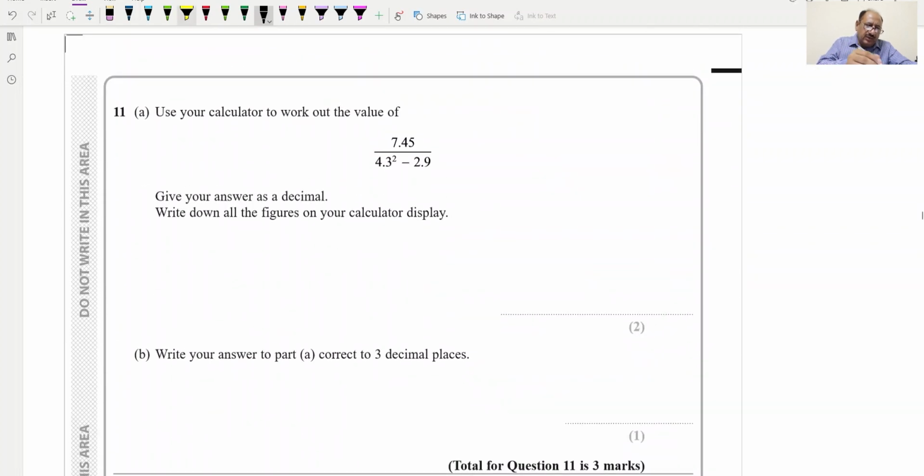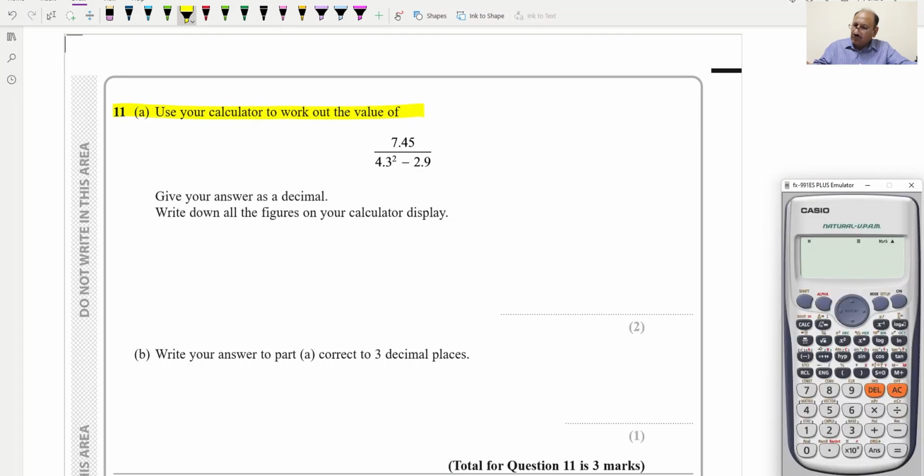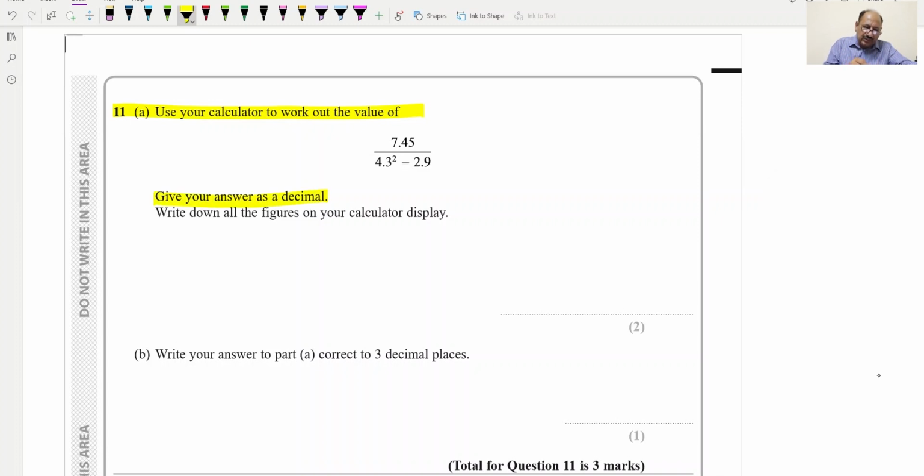Now question number 11. The question says use your calculator to work out the values, and this is a calculator usage question. 7.45 over 4.3 squared minus 2.9, and this is equal to 0.4, and we have to give your answer as a decimal.